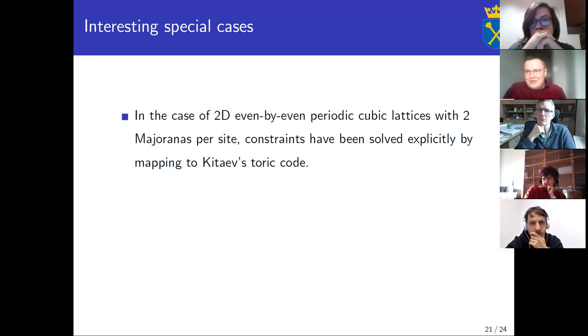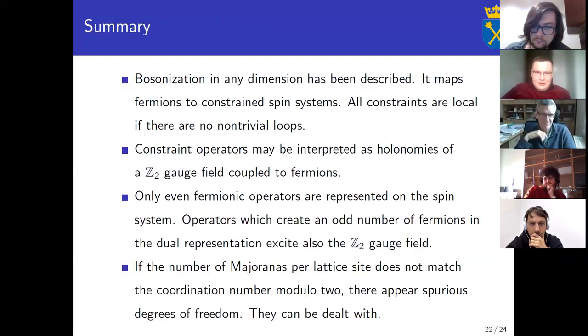So what are the solutions? We managed to write down explicitly solutions of these constraints. That is achieved by mapping them to some well-known system called the toric code. Probably some of you heard about it. So there are some connections to the anyons that were mentioned earlier. But okay, I don't want to go into that.